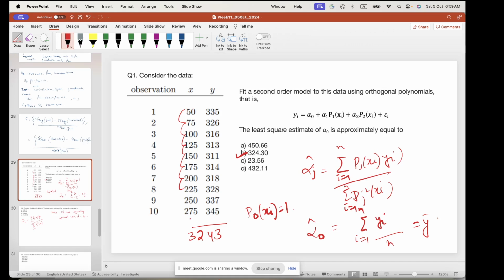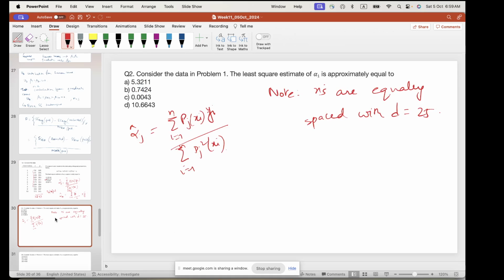The difference between subsequent x's is 25. All right, so once we have this, we can write p naught x equal to 1. p1x was how much? Equal to lambda 1 times x minus x bar by d.